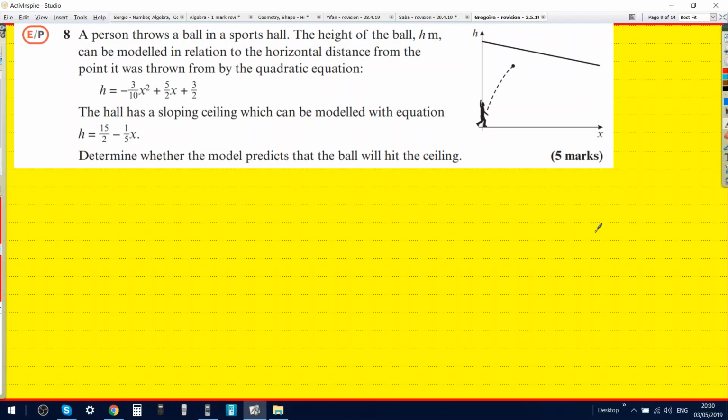For this one, we make them equal to one another, and once they're equal, we turn it into a quadratic. If it comes with a set of solutions, that means it hits, and if it doesn't, it doesn't. Yes. Okay, try that one. I'll just be a sec.